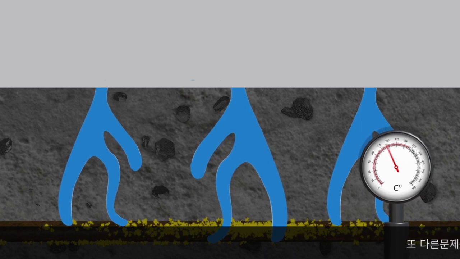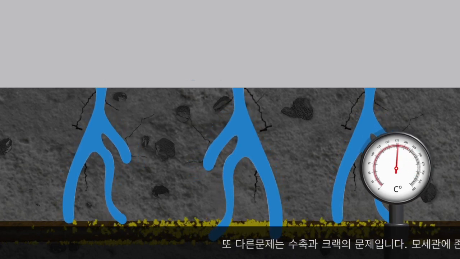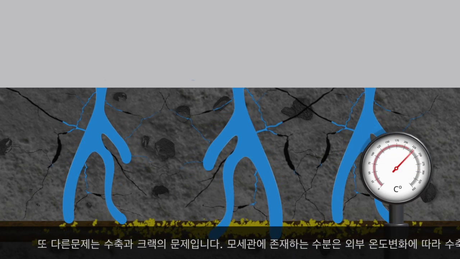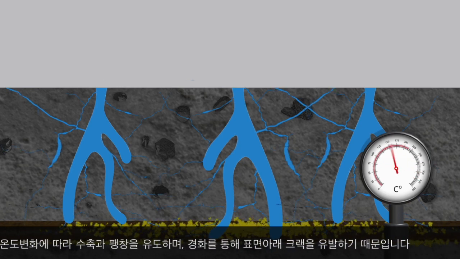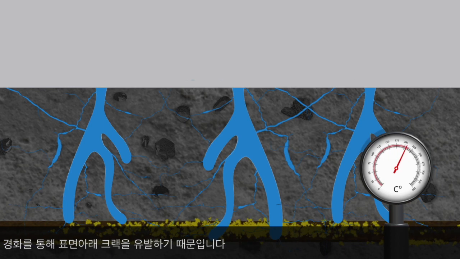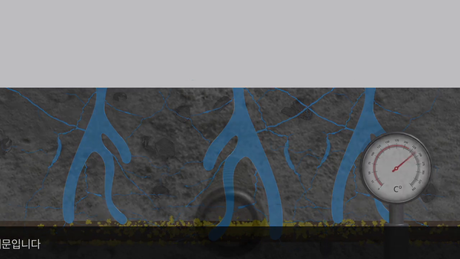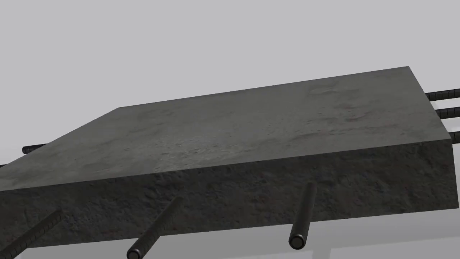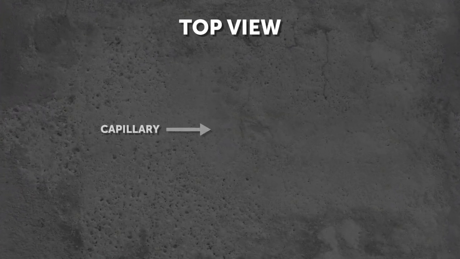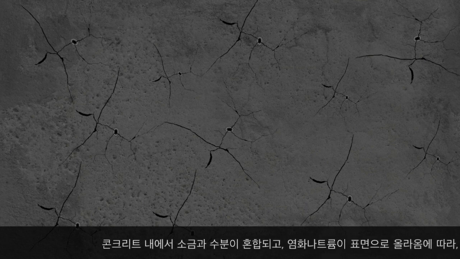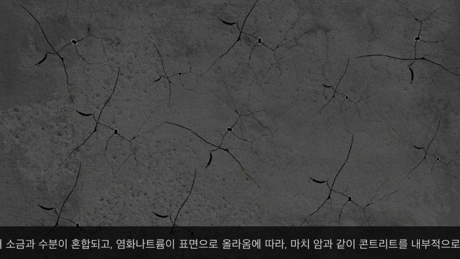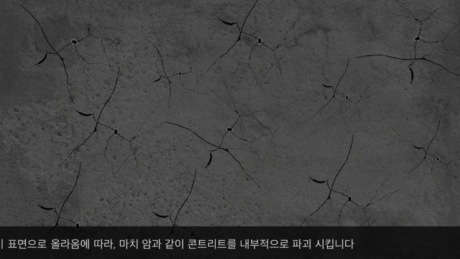Another problem is plastic shrinkage and cracking. The presence of water in the capillaries expands and contracts the concrete with temperature change, as well as curing processes that cause the concrete to crack from the surface down. Efflorescence, or salt blooms caused by the sodium chloride, rise to the surface as water and salt combine in the concrete.